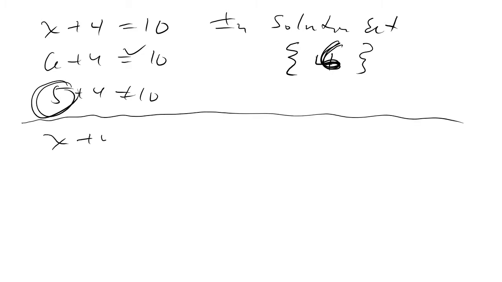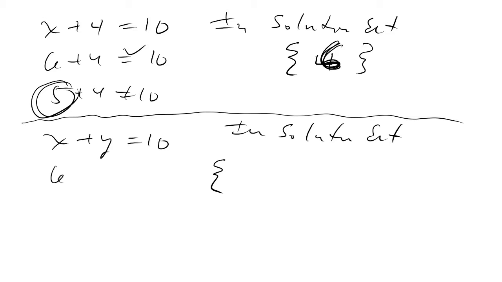Then I would go to my x plus y equals 10. And students would now wonder, okay, well, 6 plus 4 still equals 10, but what does that mean? Does that mean 6 and 4 are numbers in here? Well, this sort of equation with an x and a y has in its solution set not single numbers, but ordered pairs.